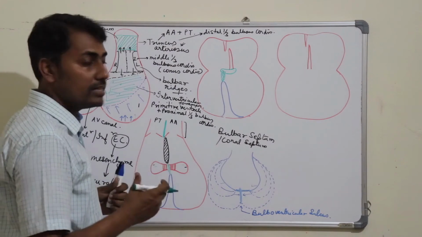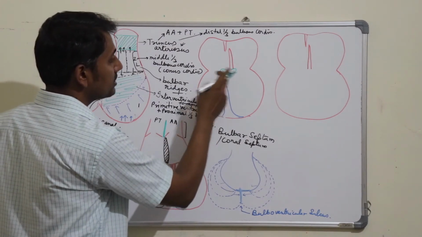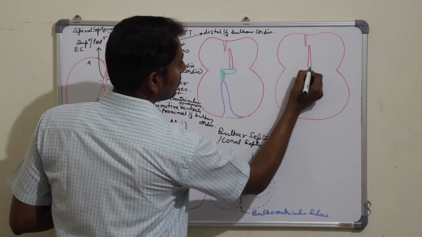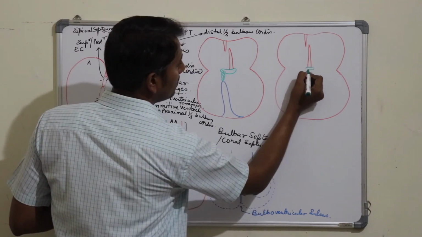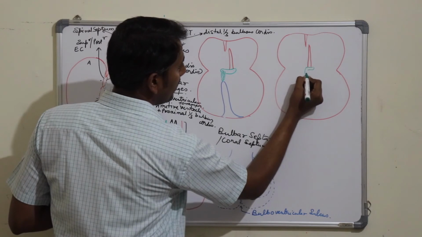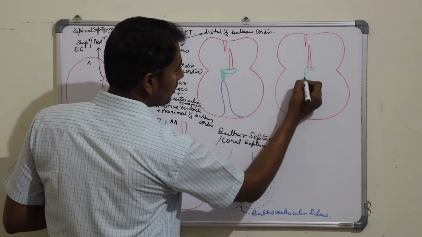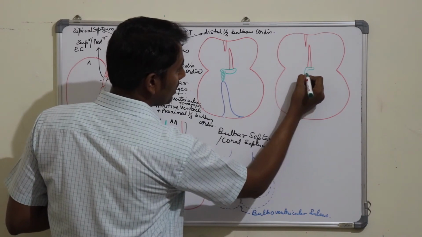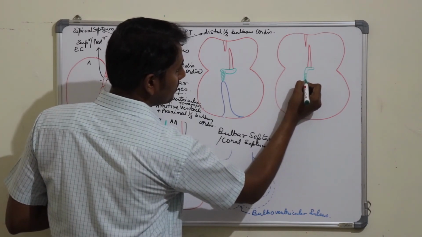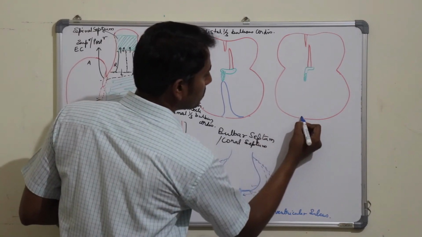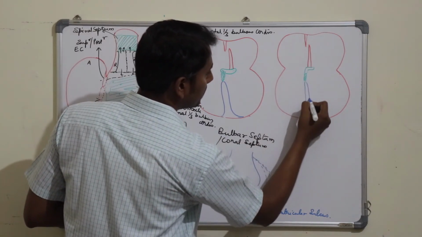After the development of the valve and straightening of this septum, we can see in the next diagram, this one was the left part of the endocardial cushion, this one was the right part. Now from the right part, the proliferation of the endocardial cushion occurred, and this one was the muscular part of the interventricular septum.